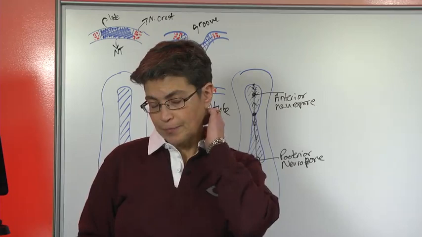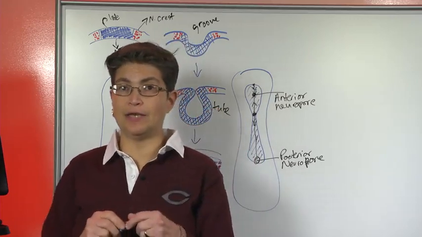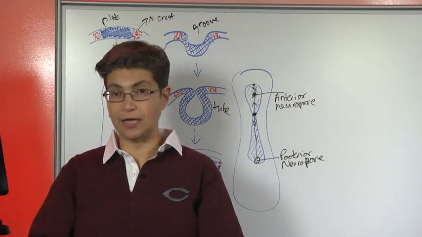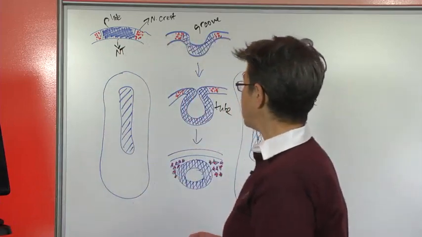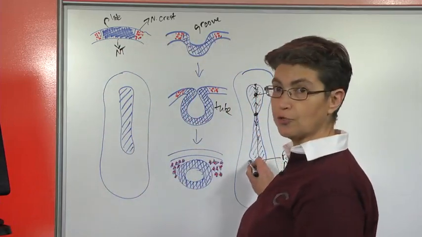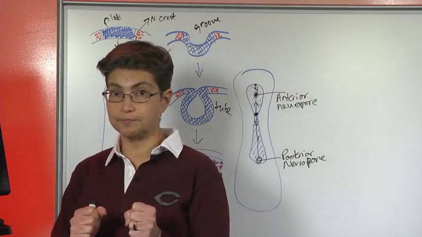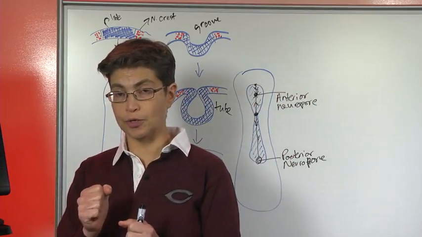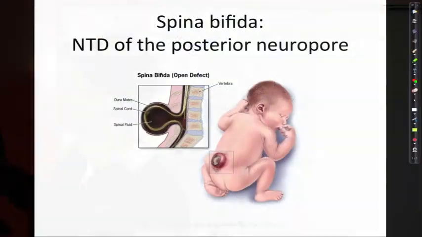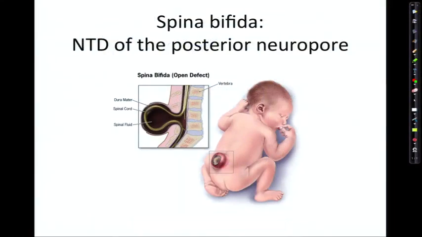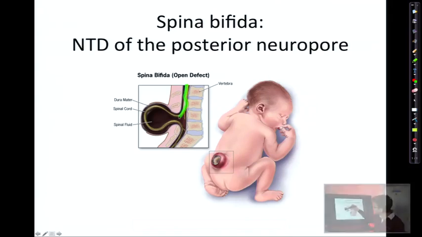this neural tube is forming. Now, it is an extremely common thing for there to be a neural tube defect. And the neural tube defects take one of two general forms. One is that the posterior neuropore does not close. And if the posterior neuropore doesn't close, you get something called spina bifida. And this just shows an example of a serious spina bifida, where what you can see is that the spinal cord, which is right here, actually gets externalized out here.